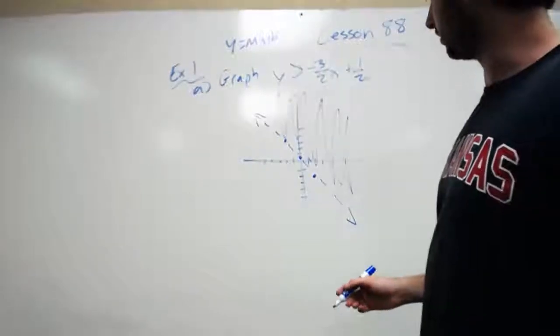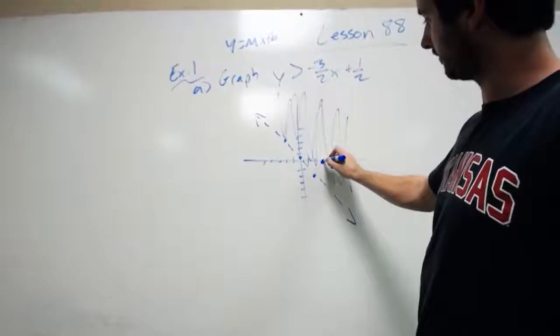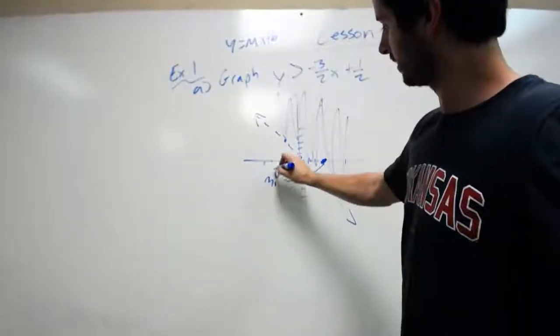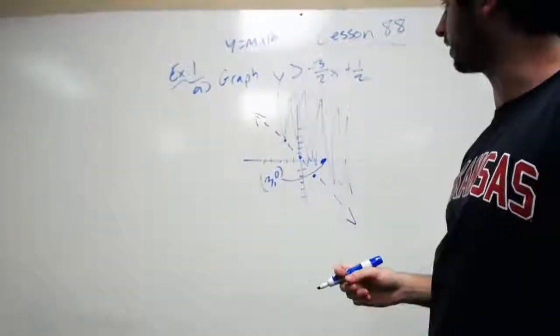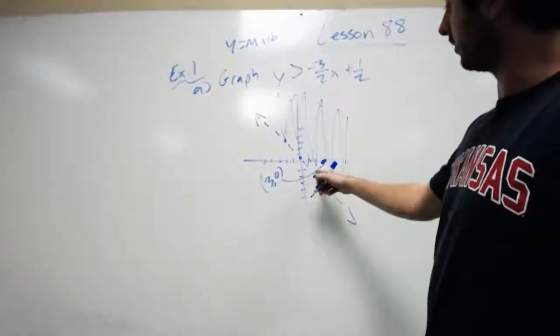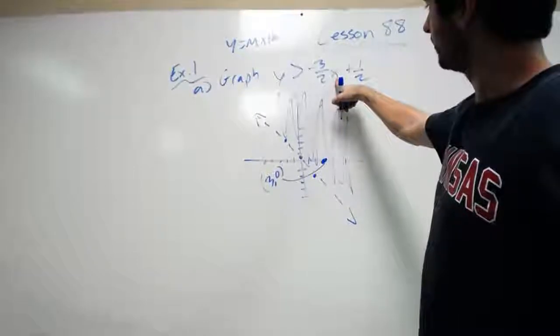So for example, let's look at the coordinate 3, 0. I can always check it by plugging in for x and y and seeing if it works.